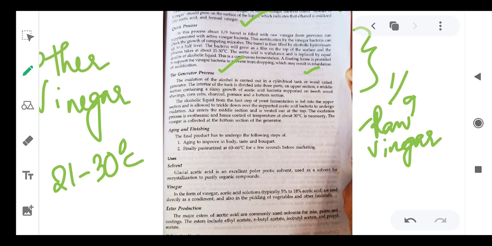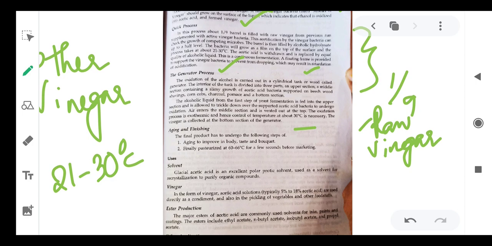The alcoholic liquid from the first step of fermentation is fed into the upper section and is allowed to trickle down. Air enters the middle section and is vented on the top, and the oxidation process is exothermic and hence controlled at a temperature of 30 degrees centigrade, and the product is collected at the bottom.